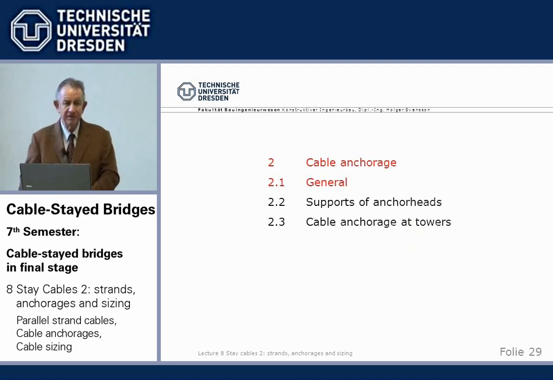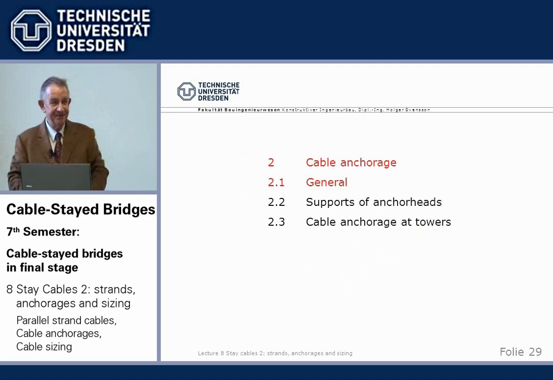And they all have basically similar, say, circular anchor heads. Inside they may be conical or whatever, but at the outside it depends. They can be very big and very heavy for the cables.